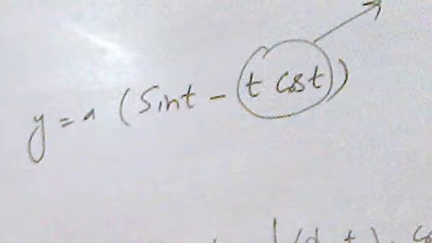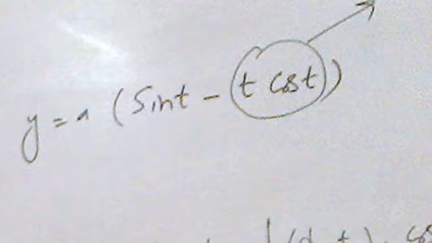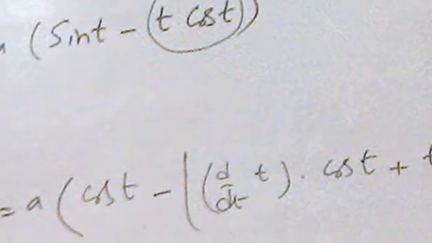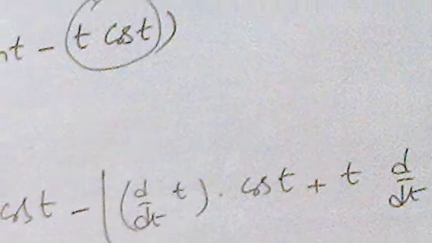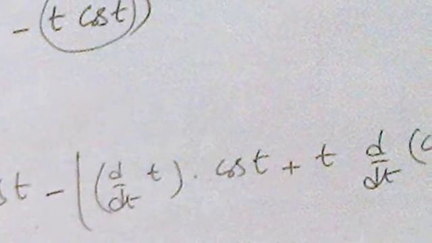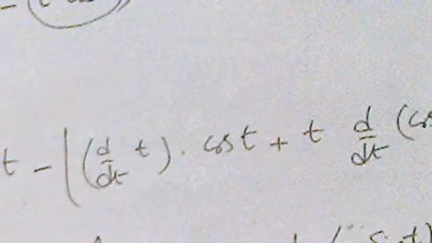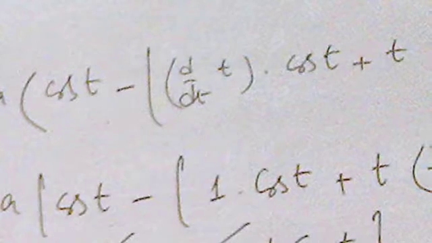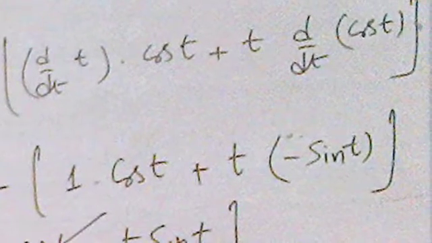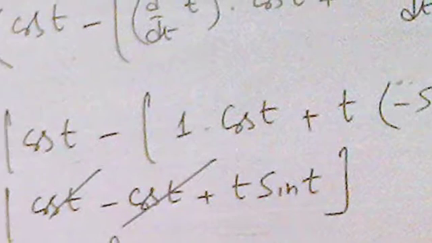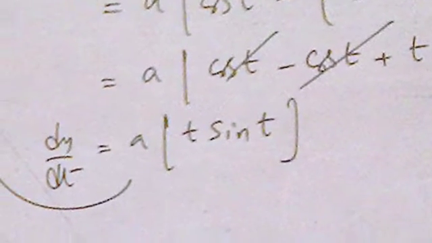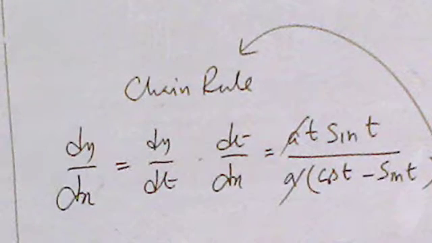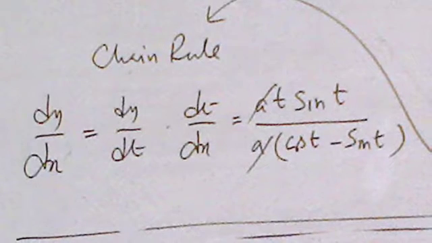But when we differentiate y, in t cos t we apply the product rule. The derivative of sin is cos. Here we apply the product rule: the derivative of t is 1, and the derivative of cos is minus sin t, so it is equal to a t sin t. Then we apply the chain rule and put these values in.